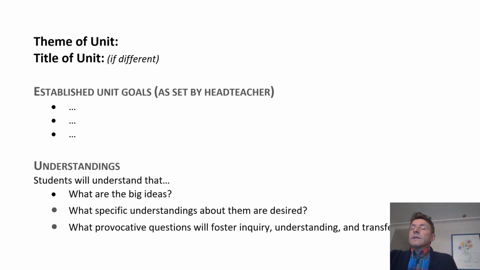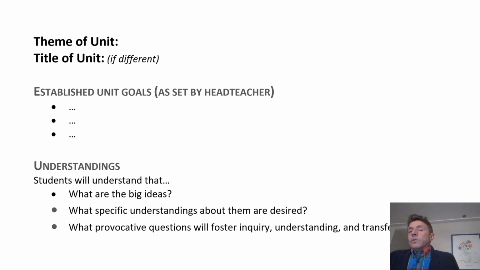Now, on the second page of the form, it says theme of the unit and the title of the unit, if it is different from the theme. Because, I don't know, the theme could be traveling, and the title of the unit could be discovering new horizons, for example.